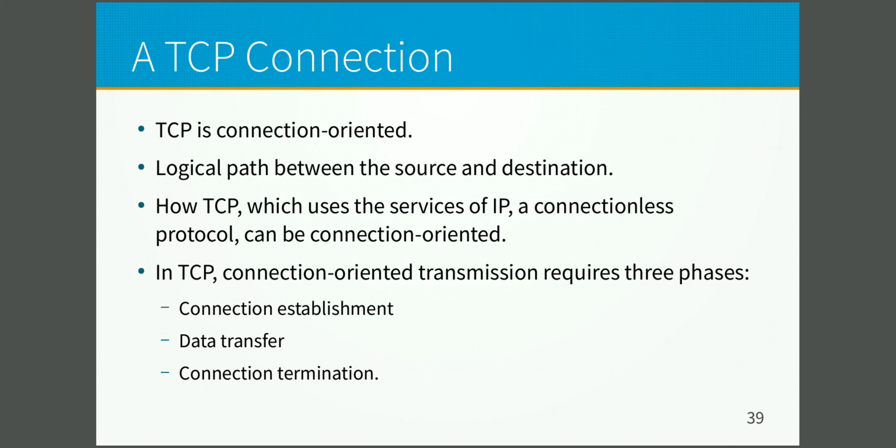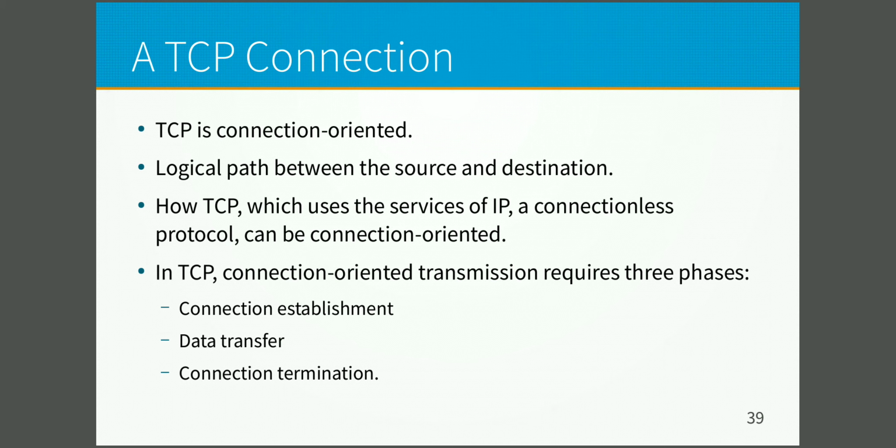And interestingly, this IP protocol is connectionless. So now comes the question: when TCP is supposed to use the services of IP, which is actually a connectionless protocol, how can TCP be connection oriented? This is a very interesting question.